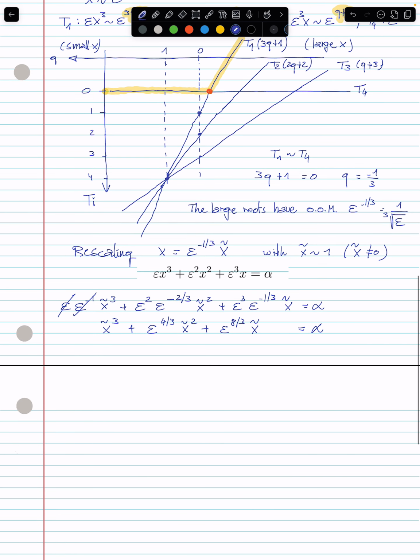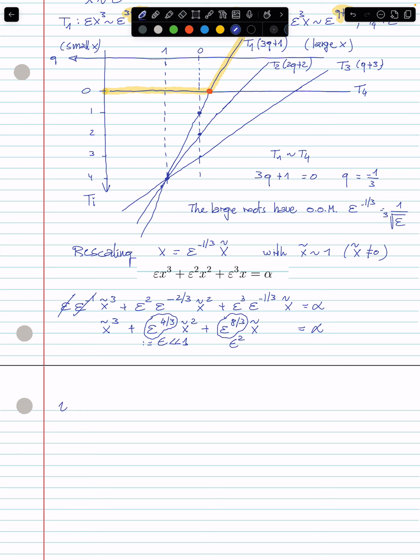All right, we can make it simple and redefine this as a new quantity, which is also a small quantity, meaning that this is equal to this new epsilon square.